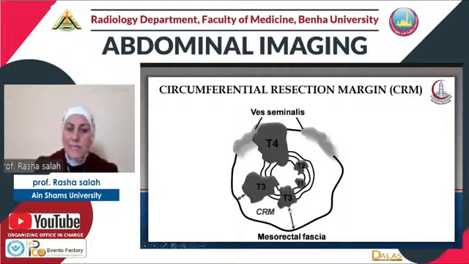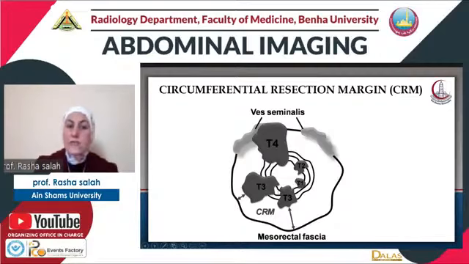We measure the maximum extension to the mesorectal fascia, and as the tumor is broadly extending into the mesorectum, the margin will be more at risk of being violated, and we measure the narrowest distance to allow the assessment of the circumferential resection margin.